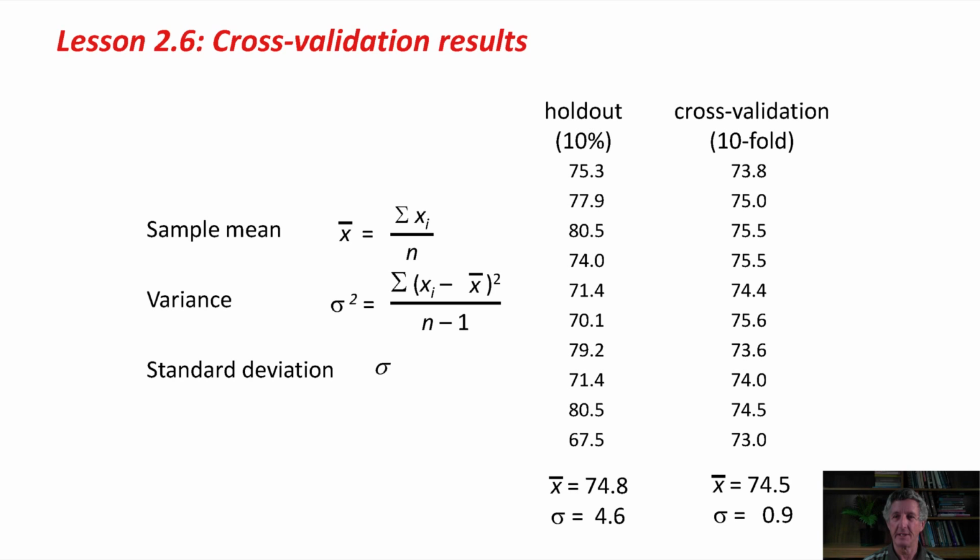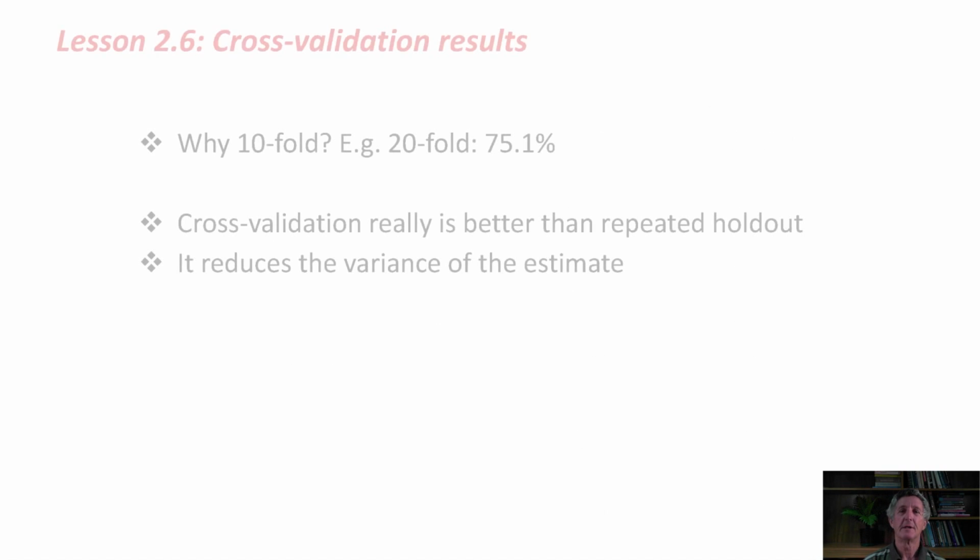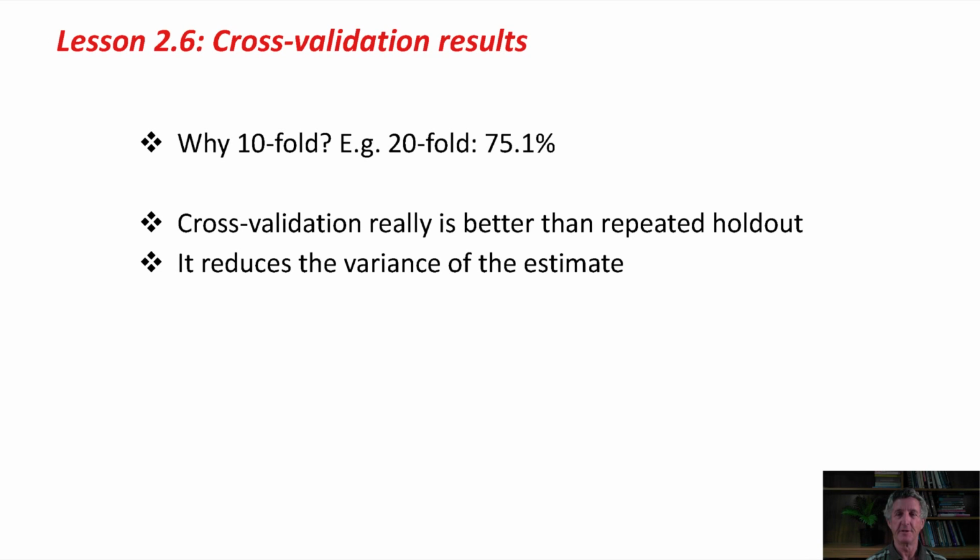So we know that for the evaluation of this machine learning method J48 on this data set, diabetes, we get 74.5% accuracy, probably somewhere between 73.5% and 75.5%. That is actually substantially larger than the baseline, so J48 is doing something for us better than the baseline. Cross-validation reduces the variance of the estimate.